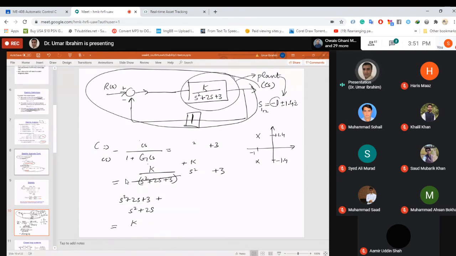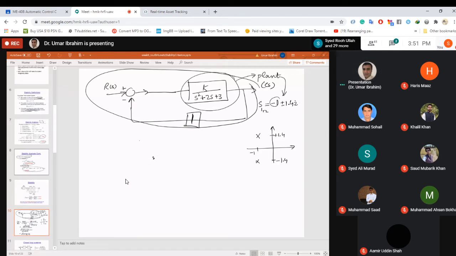After doing all those calculations, I'm just going to write the plant transfer function and the system transfer function side by side. Let G be the plant transfer function: G of S is equal to K over S squared plus 2S plus 3.